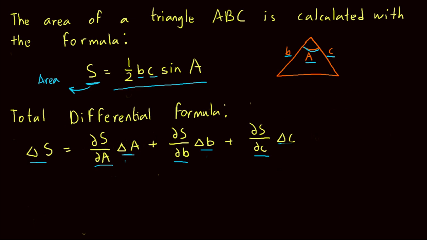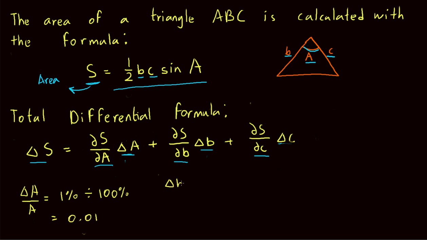We know that delta A over A is equivalent to 1% divided by 100%, which becomes 0.01.